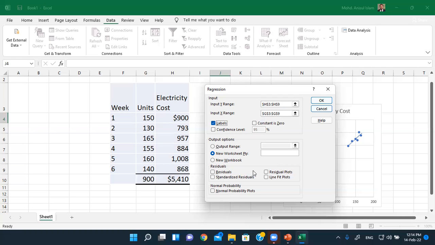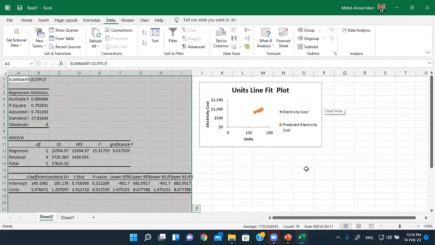Okay. Now we do not want to get other things. You can also find the line fit plots to express the goodness of fit in graph format. So it is kind of optional. Now I'm clicking OK.